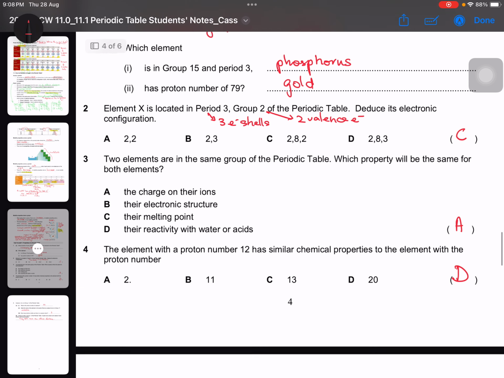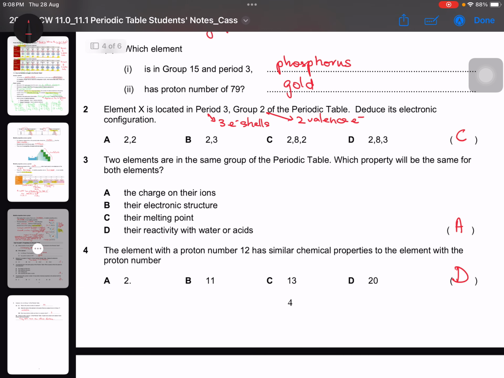Number 3, same group. If they have the same group, then they will have the same charge on their ions. So for example, group 1: lithium 2, 1; Na 2, 8, 1; K 2, 8, 8, 1.